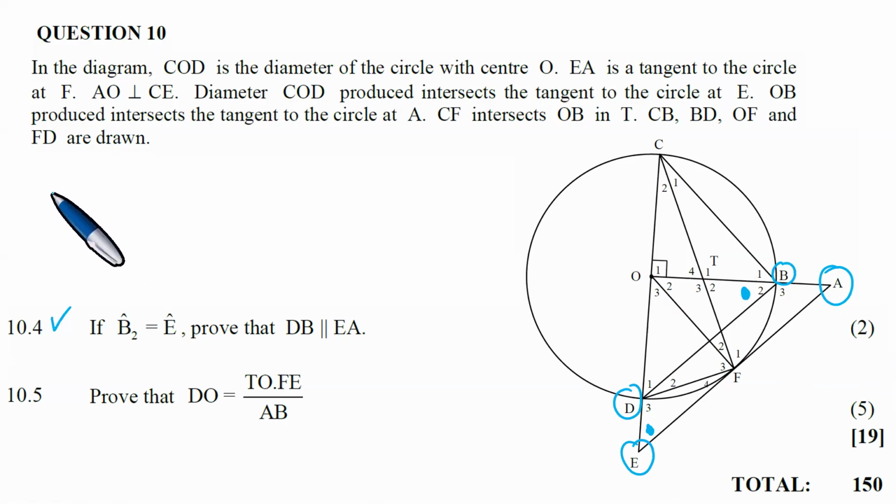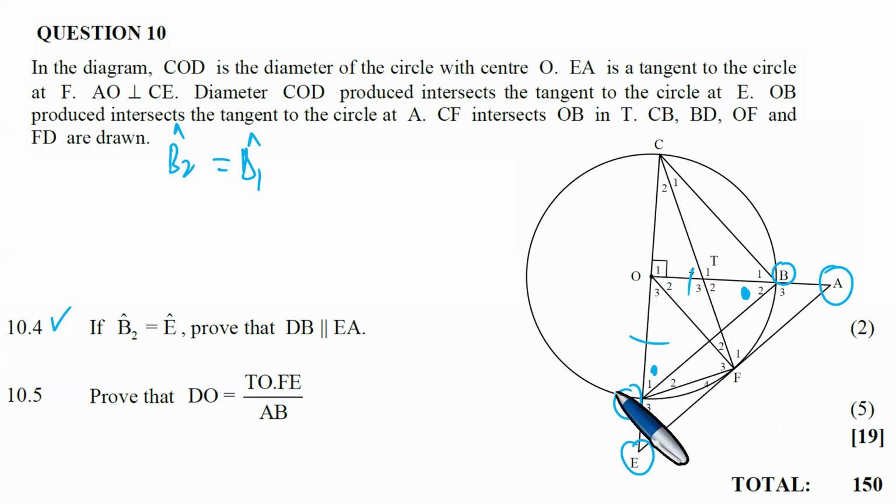So at this point, what you need to do here is to say the angle B2 is equal to the angle D1. Okay, we are saying the angle B2, which is this one, is equal to the angle D1, because these are radii.